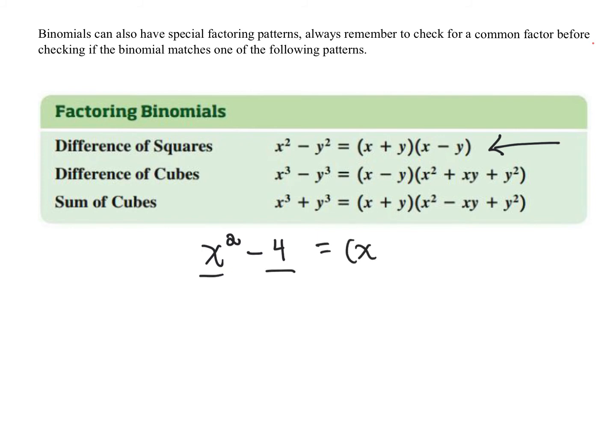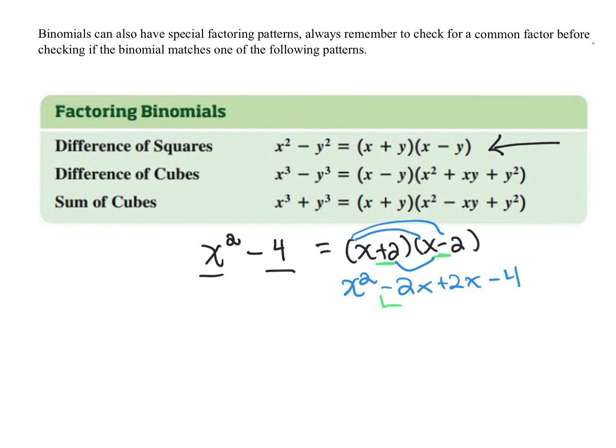This factors into x plus 2 and x minus 2. Because when we FOIL this, x times x is x squared. X times negative 2 is negative 2x. 2 times x is plus 2x. And 2 times negative 2 is negative 4. Because of the sign difference in the middle, these two will always cancel out, leaving us with x squared minus 4.